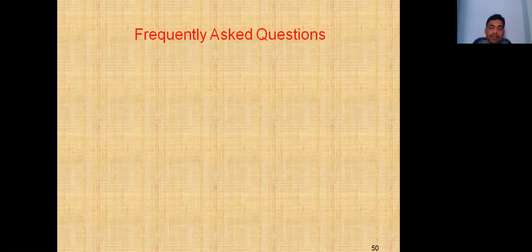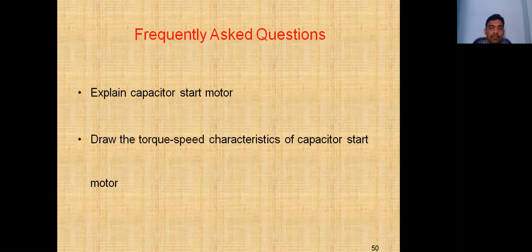Coming to the frequently asked questions. Explain the capacitor start motor.